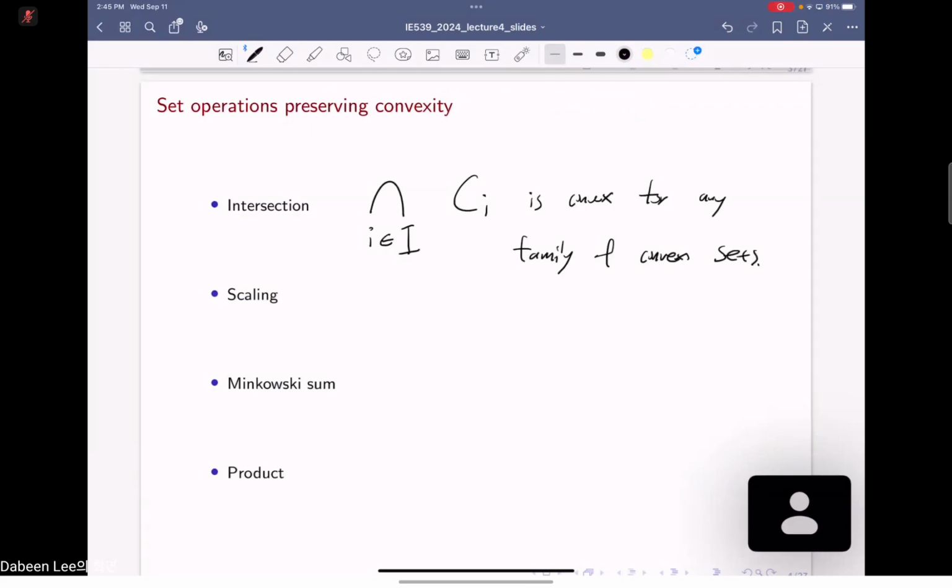Here the index set I doesn't have to be finite. It doesn't have to be countable. It can be continuously infinite. There can be infinitely many sets in the family.